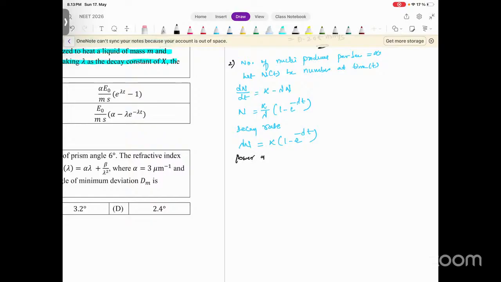Power generated P is equal to E naught alpha into 1 minus exponential to the power of minus lambda into t.